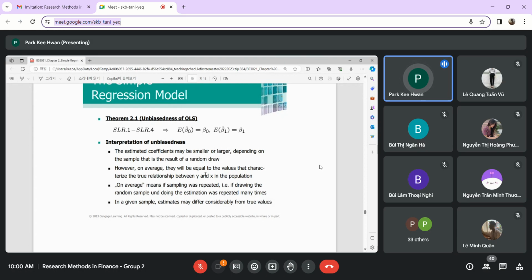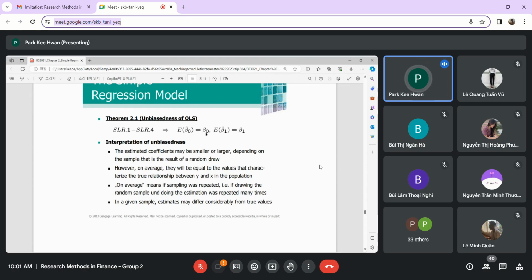So what it says is, even when you draw a sample one time and estimate, the estimates beta naught hat and beta 1 hat could be away from the true parameter. But when you draw the sample again and again, repeat the estimation, and take the average of the estimated coefficients, then on average the mean of the estimated coefficient will be equal to the population parameter.